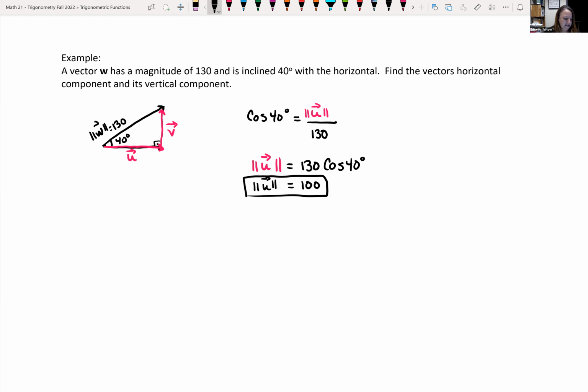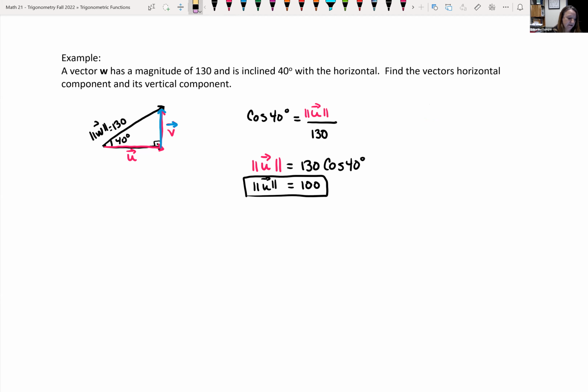Now looking at the magnitude of our vector V, from 40 degrees, that is our opposite side, and we want the opposite side with the hypotenuse. So that tells me to use sine.